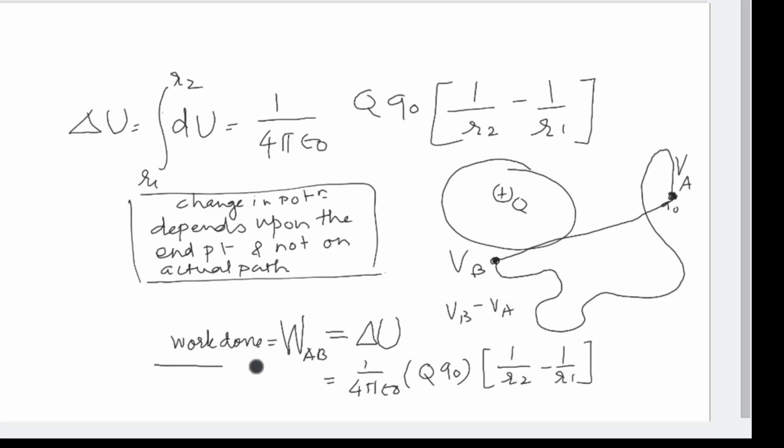So WAB is equal to delta U, the change in potential energy: 1 upon 4 pi epsilon 0 Q into Q0 into 1 upon R2 minus 1 upon R1.